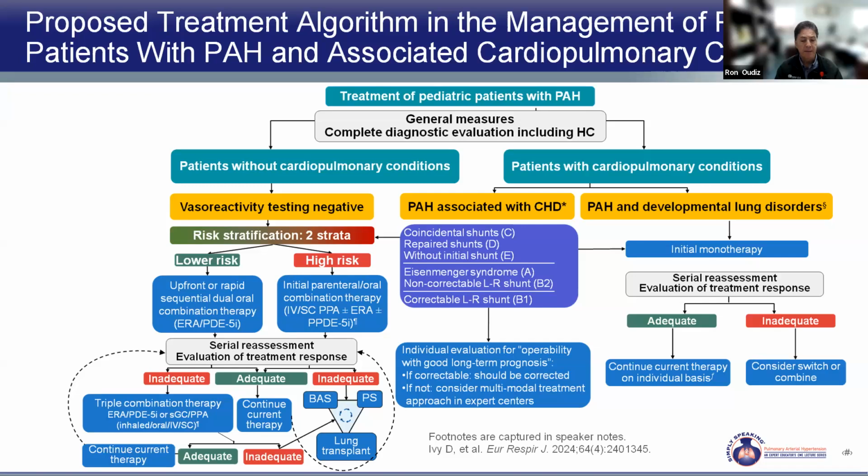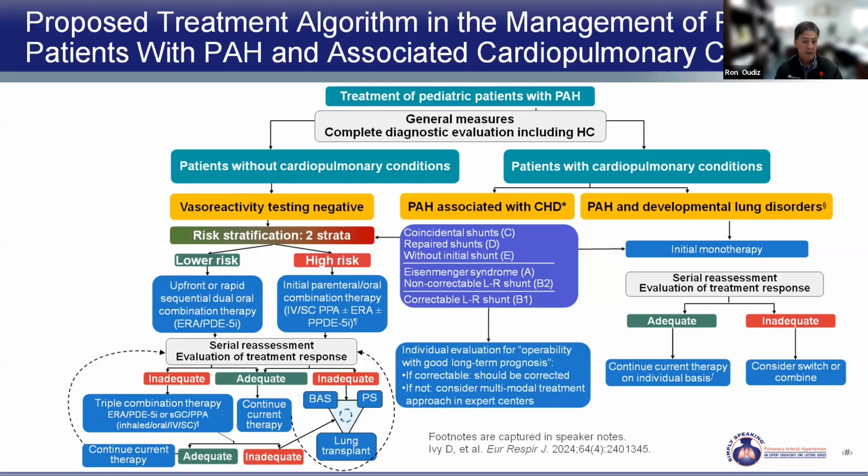This is a proposed treatment algorithm from 2024 European Respiratory Journal, looking at vasoreactivity testing and stratifying low risk versus high risk, and then separating into those who have other cardiopulmonary conditions. So these patients often are not just born with one defect, but they have a bunch of things going on.